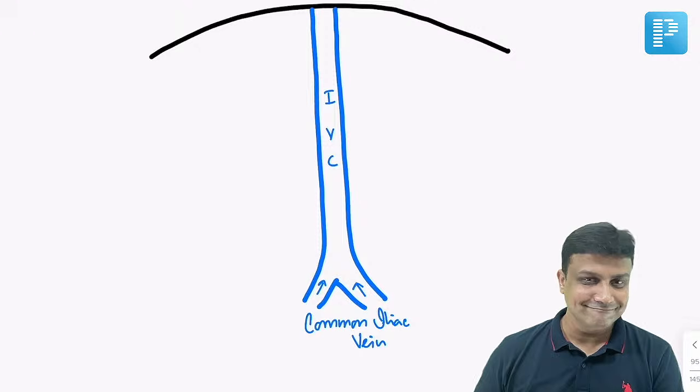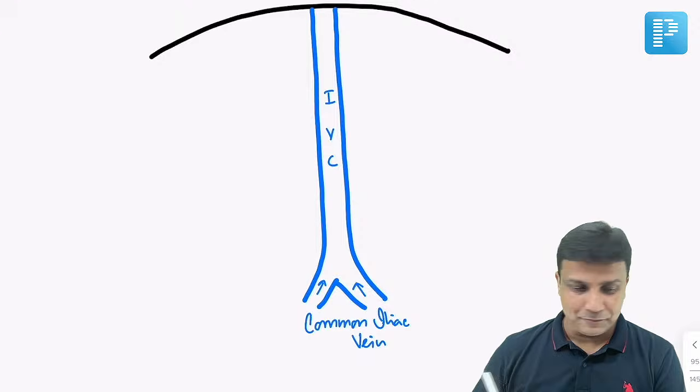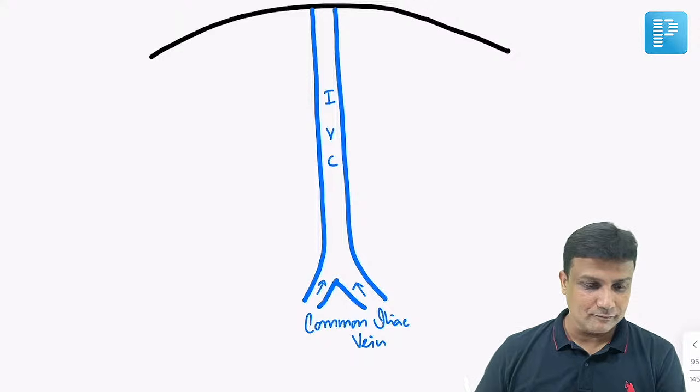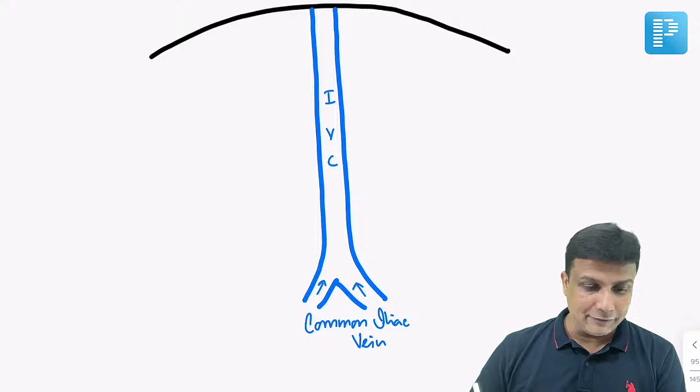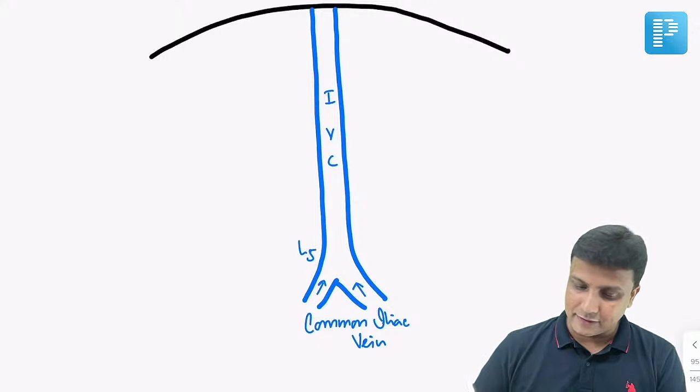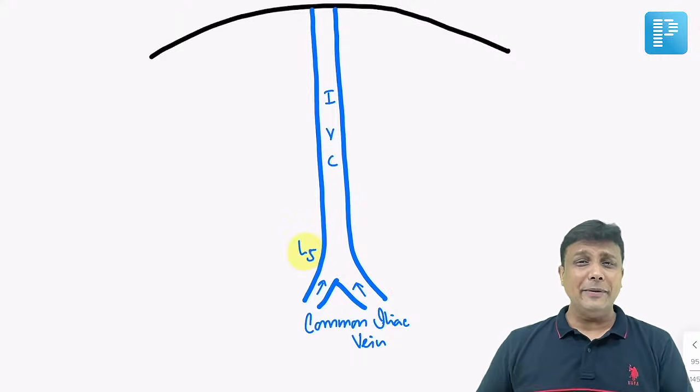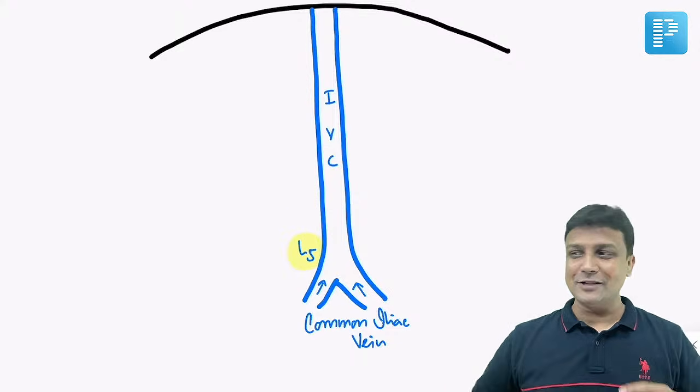L3, 10, oh my god. Remember, yes, inferior vena cava will be formed at the level of L5, sir. Even this was also asked in one of the exams. Remember that one, sir. Now you might be thinking, why is Azam sir stressing on this point here?